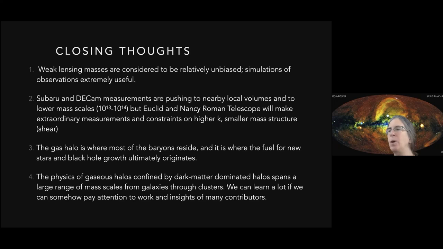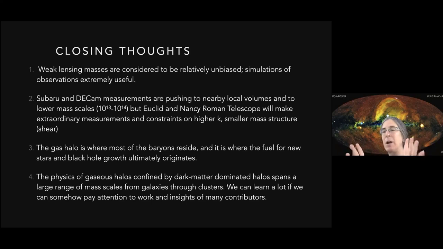The gas halo is where most of the baryons reside. It's where the fuel for new stars and black hole growth ultimately originates. And if you look into past history, the CGM is often relegated to a tiny little slice of the baryon budget, but I think we should be remaking those pie charts so that the CGM is properly represented, because I think it's important. And sometimes missions and observation follow-up is dictated by how relevant the science is.